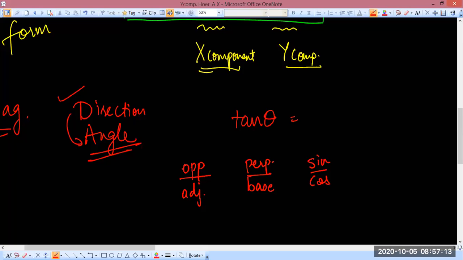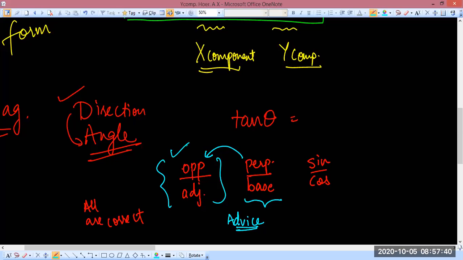Okay, so while all are correct, I would advise people using this form to shift to this form. Okay, this is my advice to all of you who said perpendicular upon base. I advise you that instead of saying perpendicular upon base, you learn this. Okay, this is going to help you.